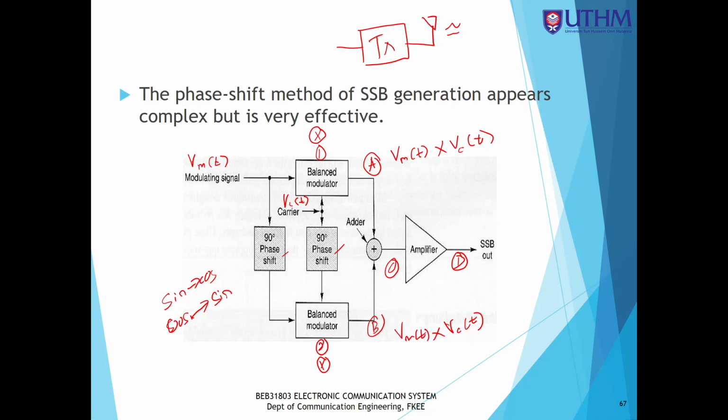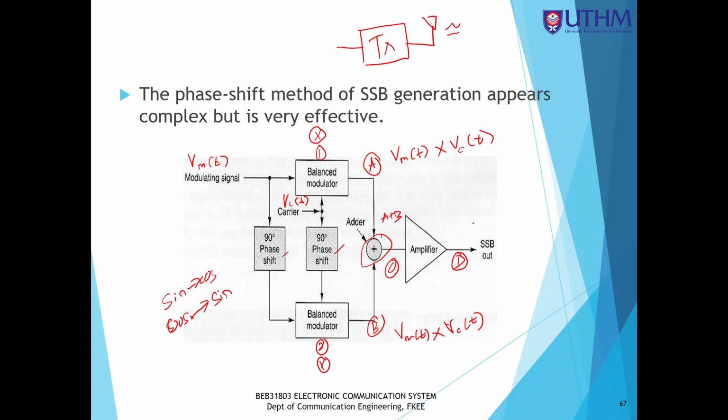When you multiply both functions, you get the upper sideband and also the lower sideband, and then it goes through the adder, which adds A and B. After it adds A and B, you are going to see that the output at point C is a single sideband without the carrier. From my previous explanation, you get a lower sideband for this example.